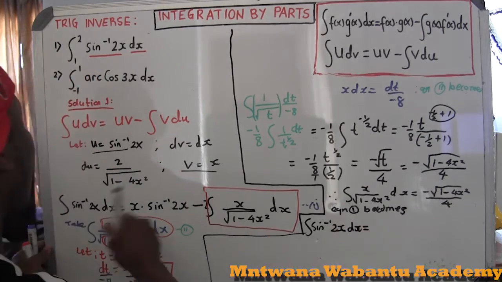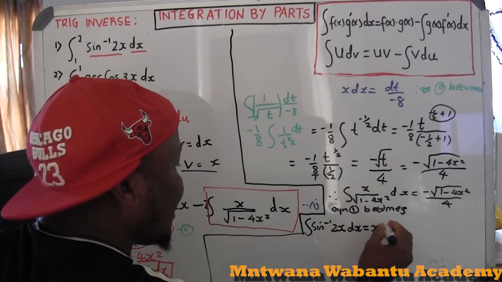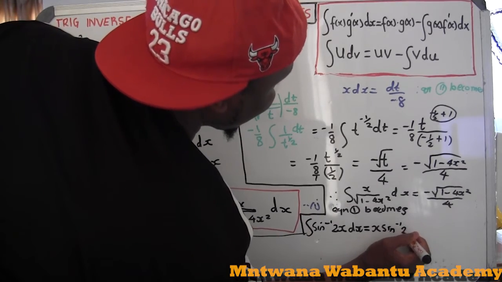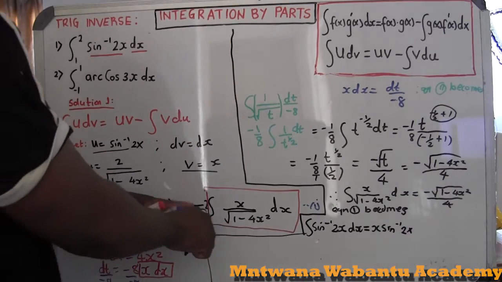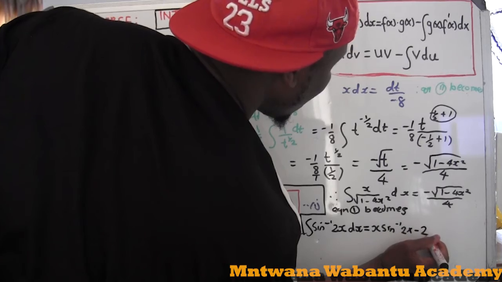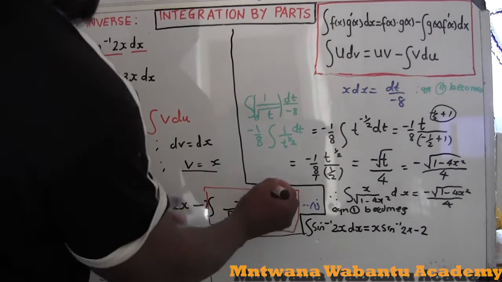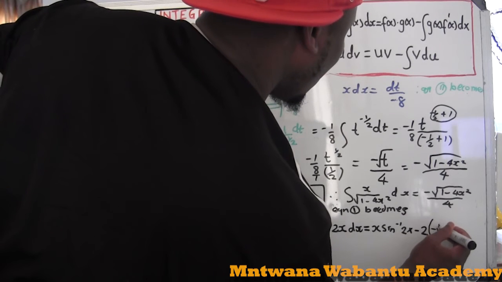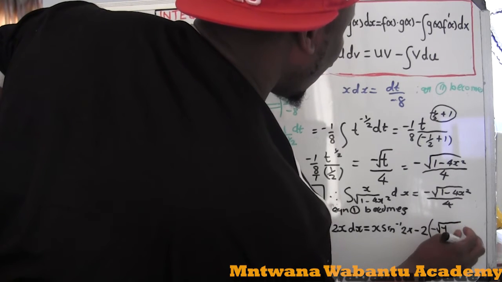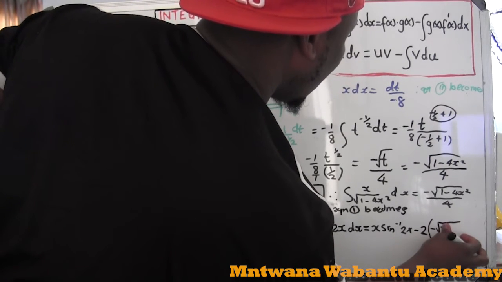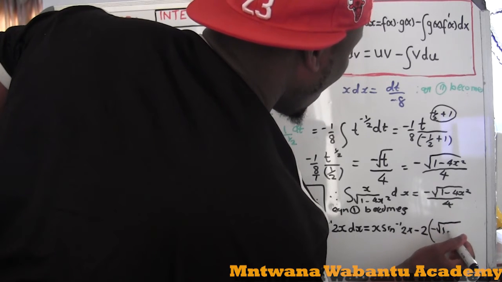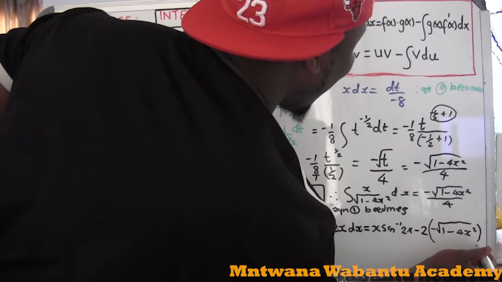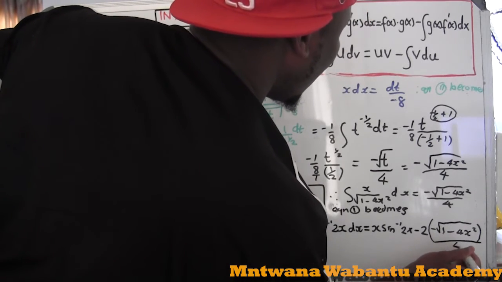When you integrate, it's going to give you x sine inverse of 2x, and then minus 2, and then multiply by these terms which we already have here: negative square root of 1, oh, just a 1, my apology. It's just a 1 minus 4x squared, and then over 4.